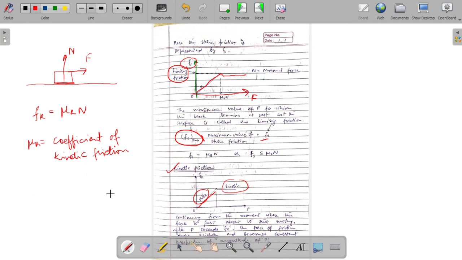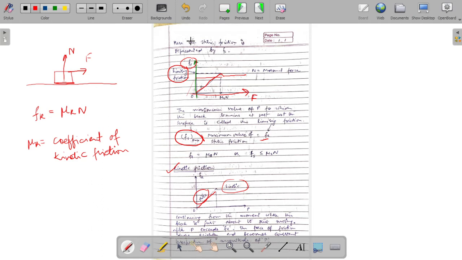As you can see from the experimental values also, the value of limiting friction is slightly above that of kinetic friction, and because of which mu k is slightly lower. So this is the job of kinetic friction: it prevents the relative motion happening. When there is sliding happening, it would oppose that motion.